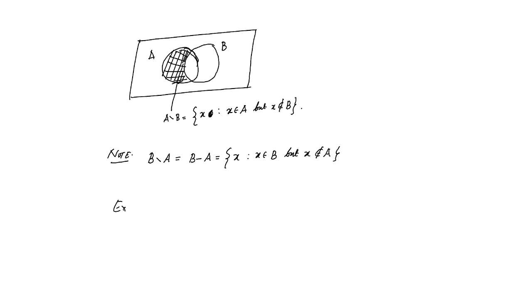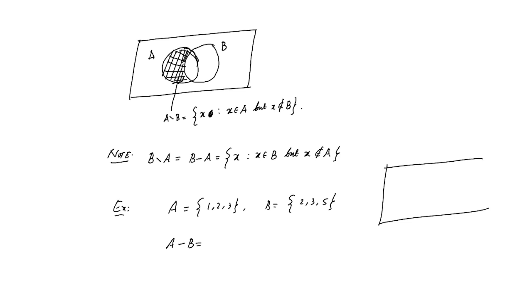I'll give you an example. Say your A set is 1, 2, 3 and B set is 2, 3, 5. So now if we consider A minus B, that means all those elements which belong to A. You can draw the diagram here. So here 1, 2, 3 and B is 2, 3, 5.